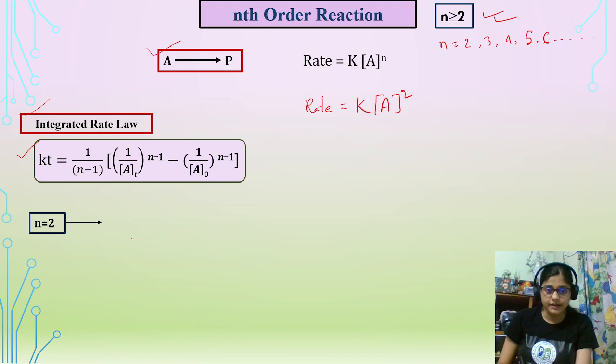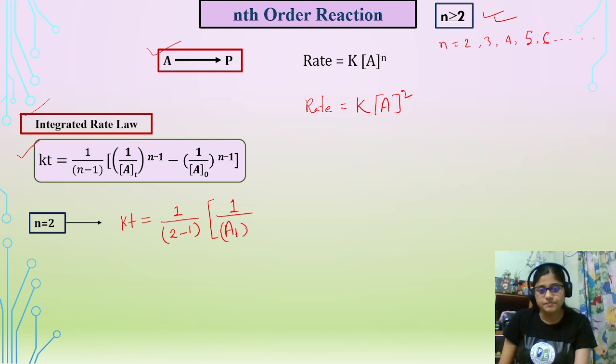Then kt equals, for n equal to 2, we have to put 2 minus 1, in the third bracket, 1 by A to the power 2 minus 1, minus 1 by A0 to the power 2 minus 1. Clear?